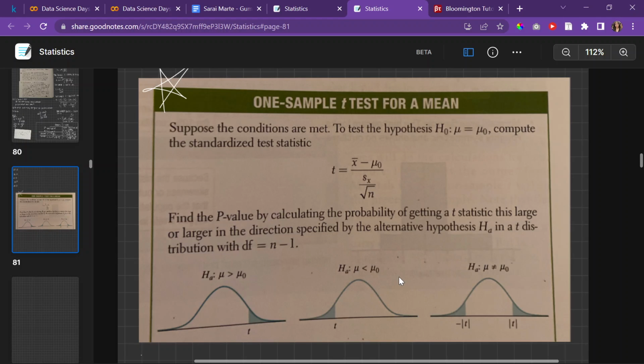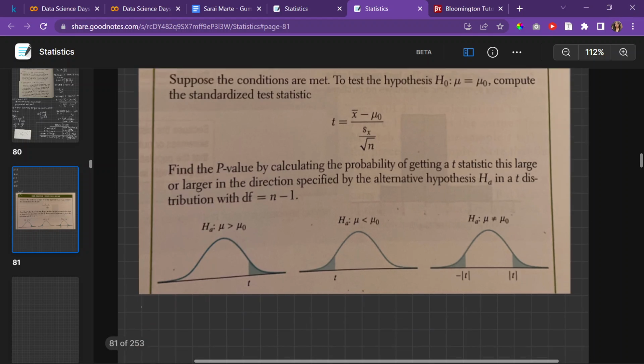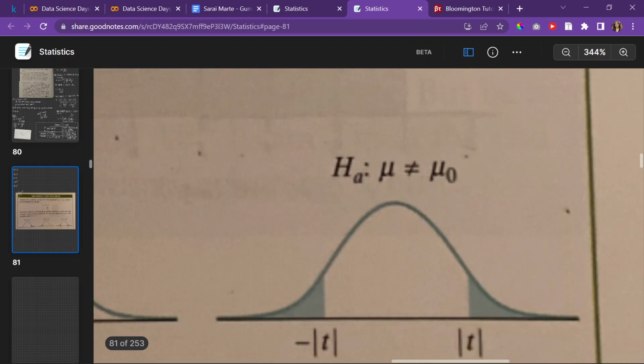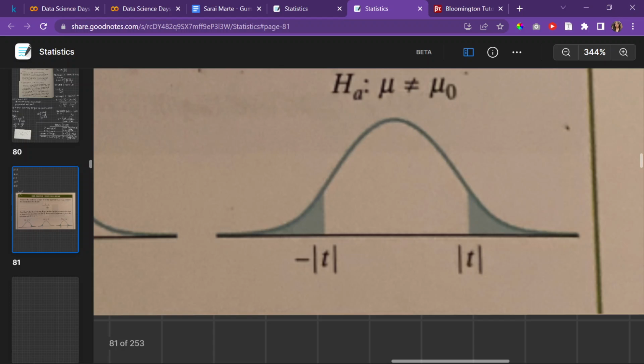So our p-value is option 3, right? So we're taking, here you go. See, I literally knew this. Okay, hold on. So you can see the negative t and the positive t. So that's why.